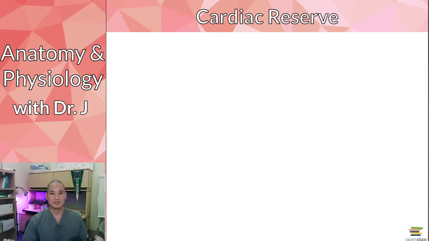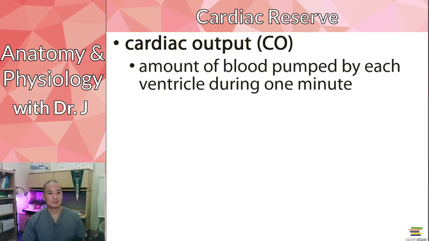And say all of a sudden you go from that heart rate of 60 and start exercising, and now your heart rate is 200, while your stroke volume still stays 70 mL. What would it be? Well, if heart rate goes up, your overall cardiac output goes up. That's what I want you to know. Cardiac output is the amount of blood pumped by each ventricle during 1 minute.